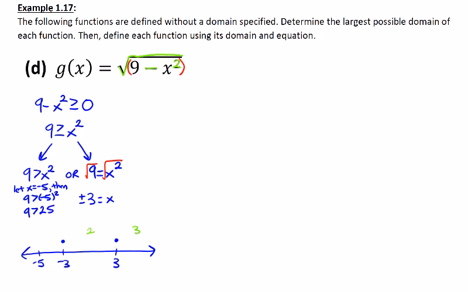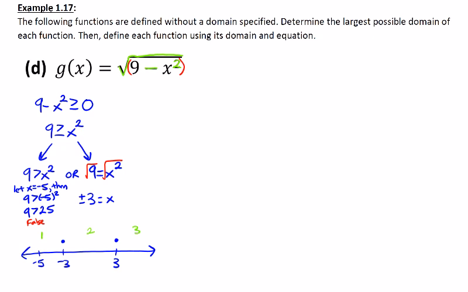And that is false. So that means that section number 1 is not going to be included in our domain. You would need to do this for section 2 as well as for section 3. That's what the boundaries do for us. The boundaries split us up into these sections.